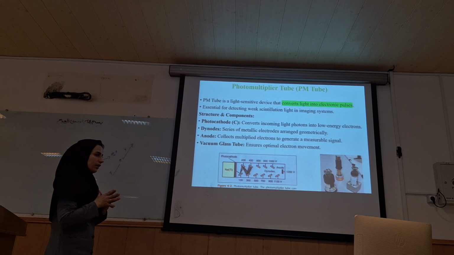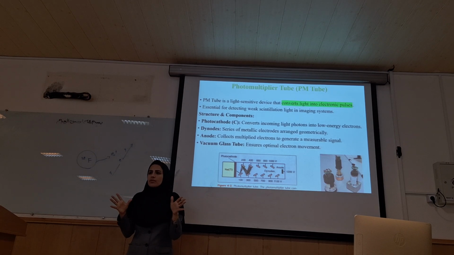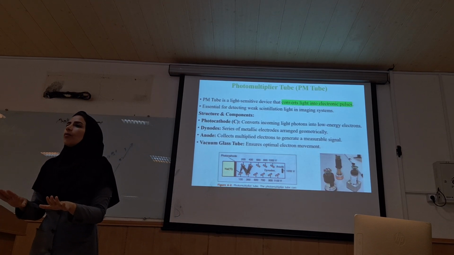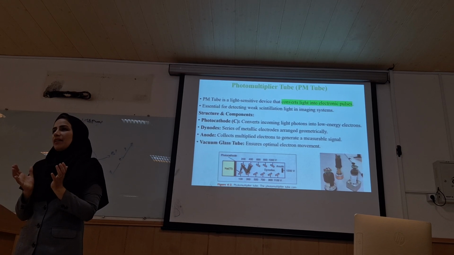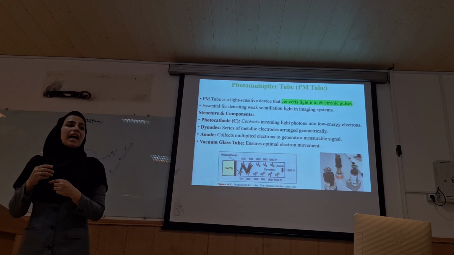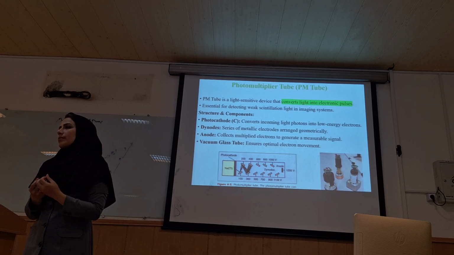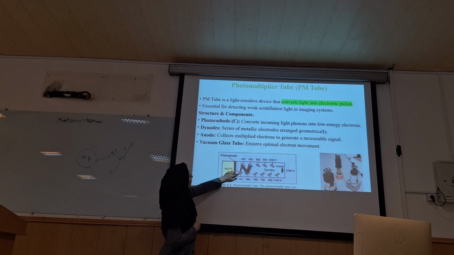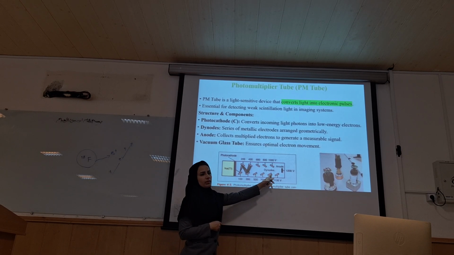Now, after the photocathode, we have electrons, but the number of electrons is very low, and this is not enough for me. I want to amplify, or increase, the electrons. How? By the dynodes. These are my dynodes.